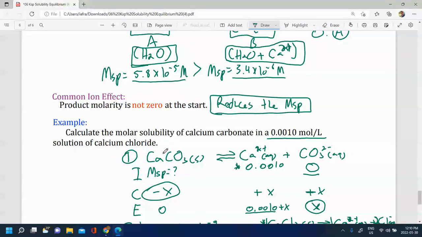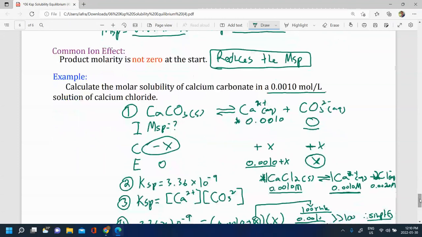So you won't be able to dissolve as much as you could have if you didn't have any ions at all. So because you already have some of this, the equilibrium won't lie to the right as much. It'll be more towards the left side in a situation like this because you already have a lot of the calcium ion dissolved in there.